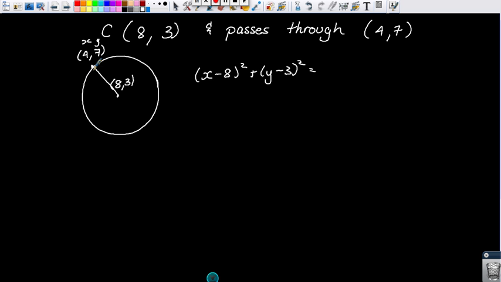And because it lies in the circle, when I sub it, it will actually equal my radius. I know. Groovy. Let's do that. Equals radius squared. So that would become 4 take 8 squared plus 7 take 3 squared equals the radius squared.